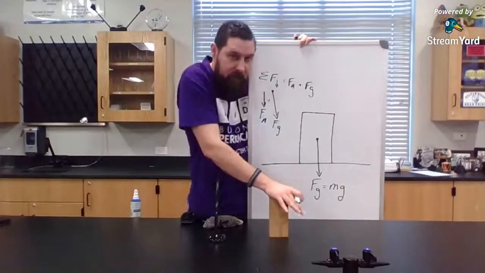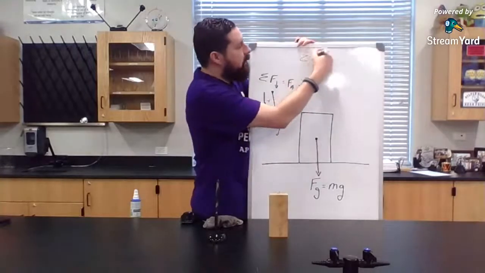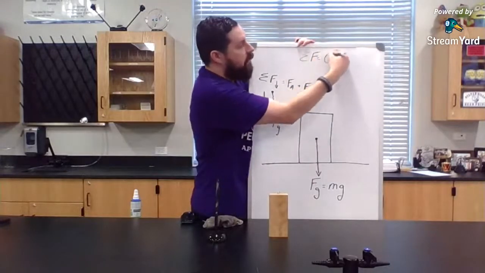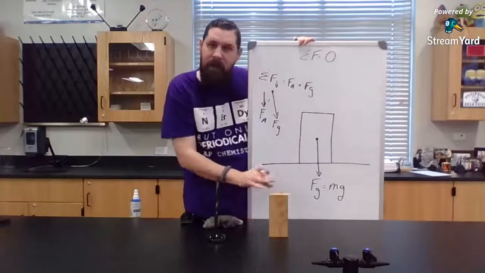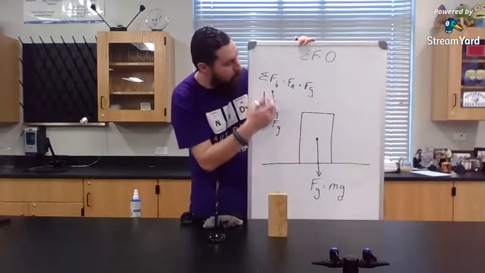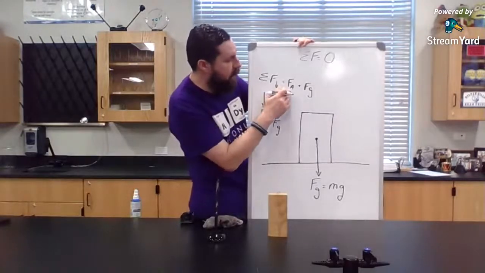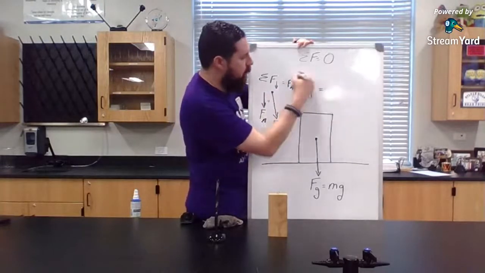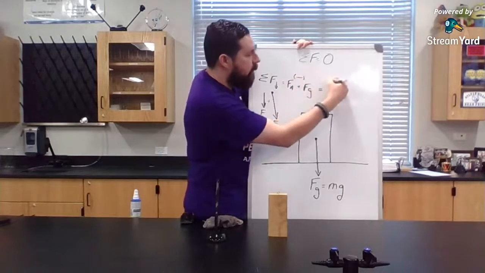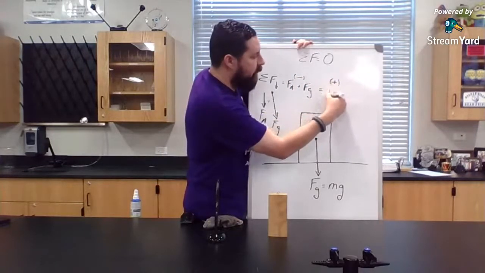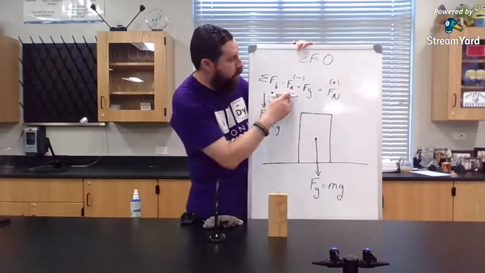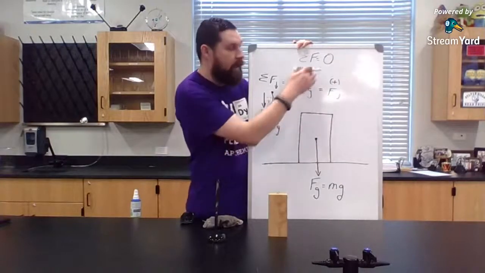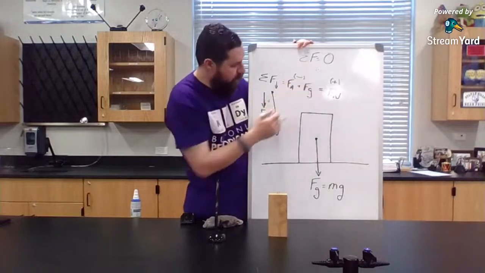When I push down on this, again, my net force has to equal 0. Otherwise, I would see it being pushed down through the table, and we don't see that. So if these are both in the negative direction, it has to equal a positive force normal, so that when these are added up, I still get a net force of 0.